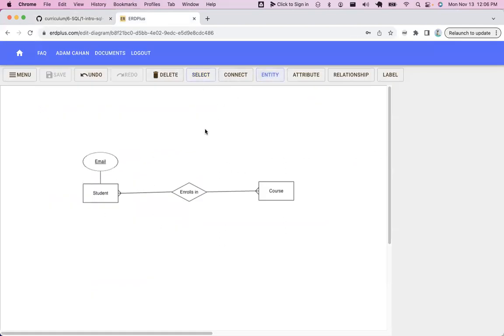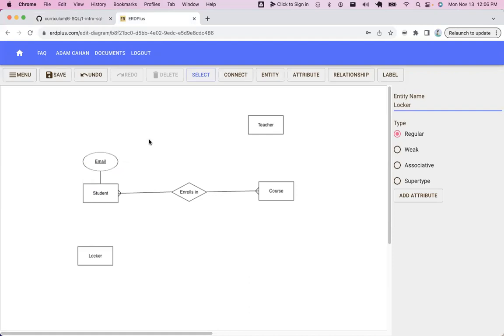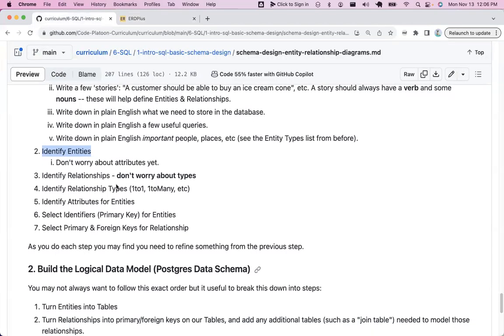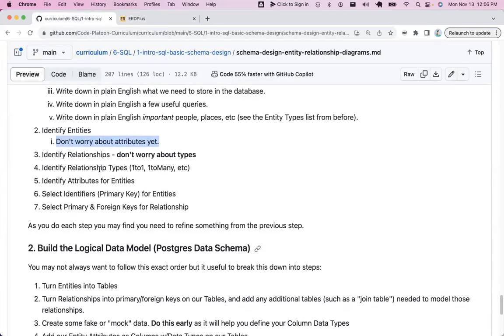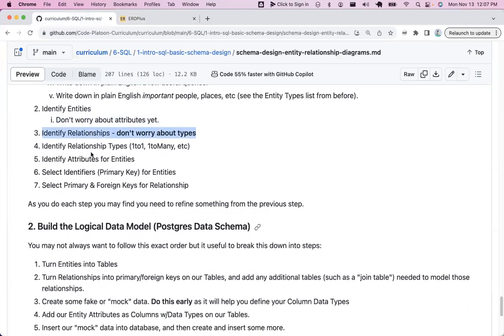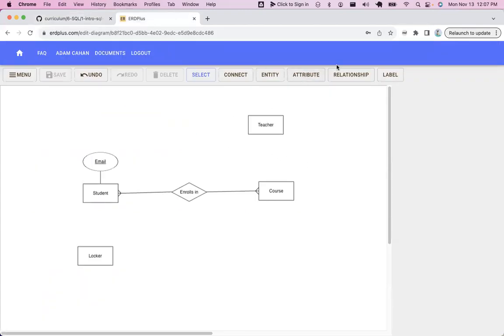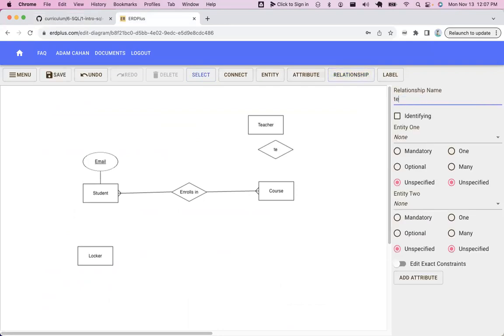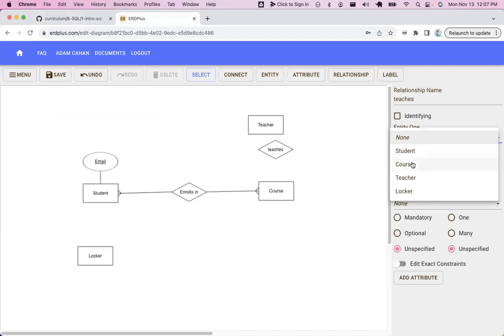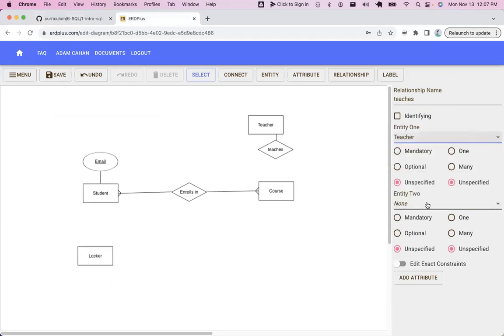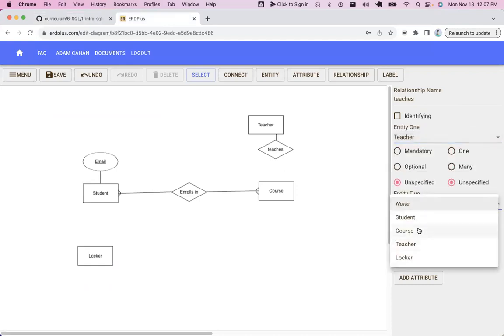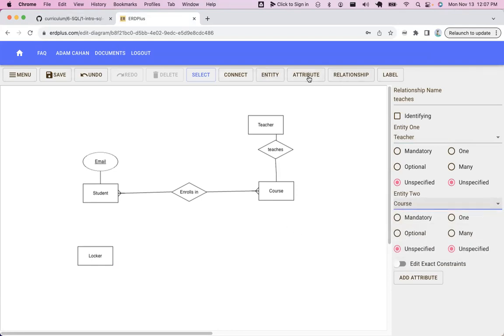Like we've got a professor, we've got a teacher, and we've got a locker. Don't worry about relationships yet. Once we have our entities, now let's add some relationships. We're not going to worry about one-to-many or many-to-one. We're just going to figure out the relationships. And this is a whole lot easier.